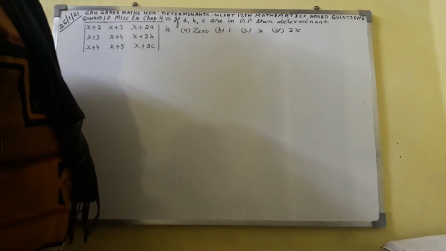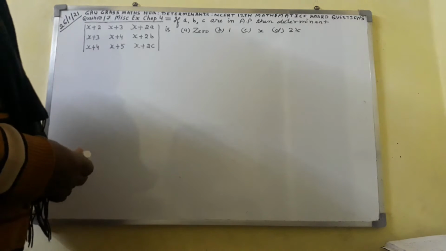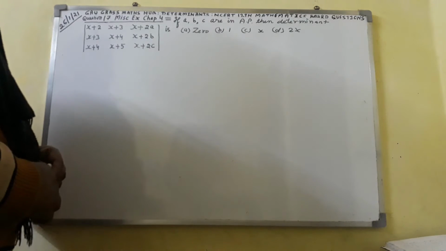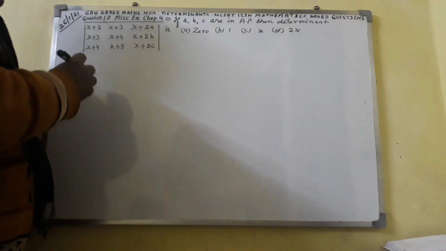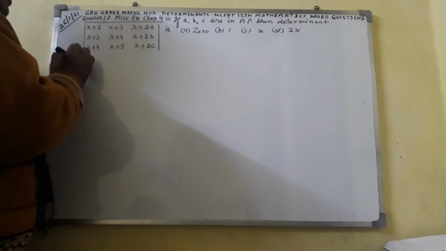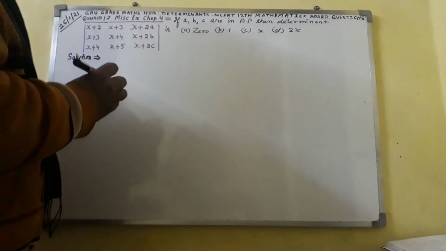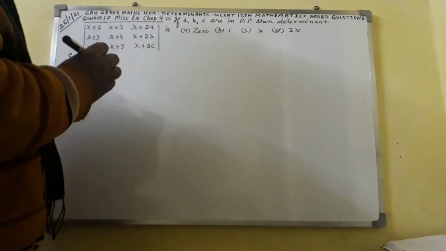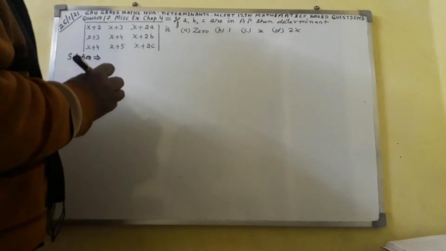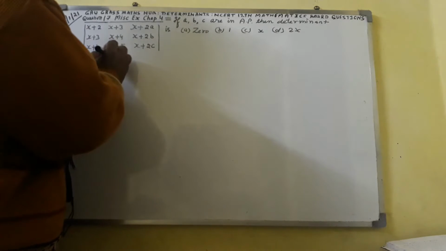Here you can see in the question itself, it is given a, b, c are in arithmetic progression. So here I shall discuss what arithmetic progression is. Here I shall write the solution.